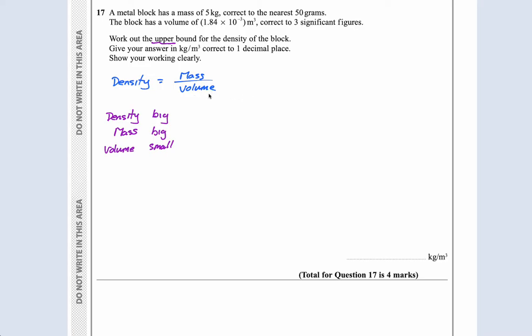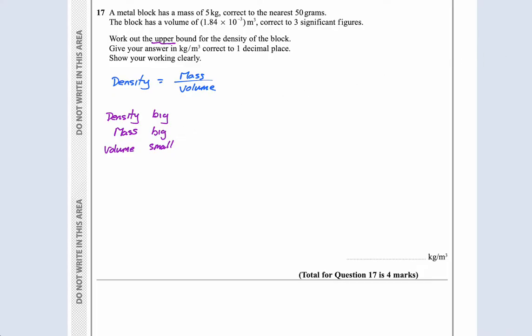So the smaller the volume, the bigger the density, which makes sense in real life. If you had a small object that was heavy, like a small piece of gold, it is quite dense, because it's a large mass with a small volume. So to get density big, I need a big mass and a small volume.